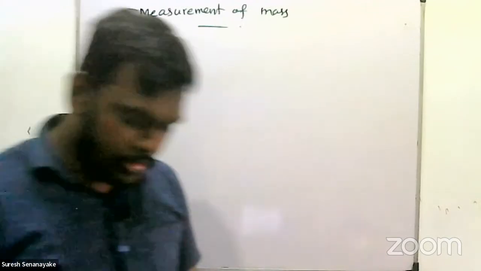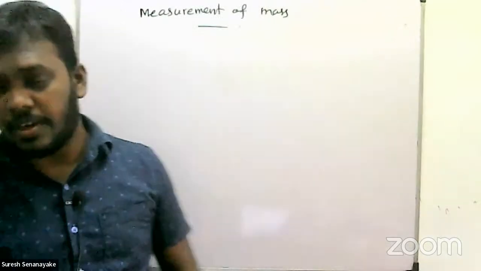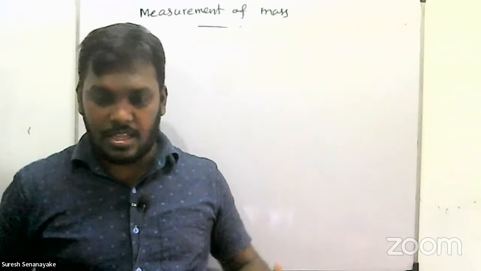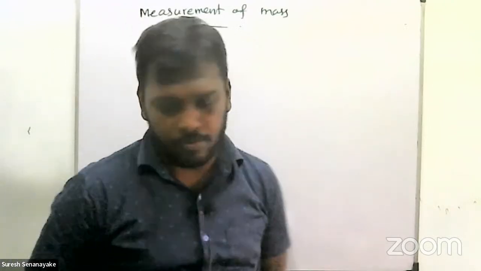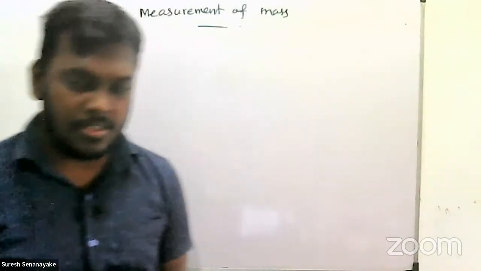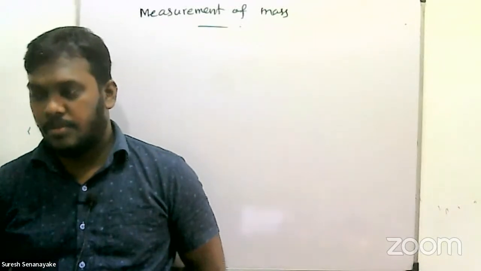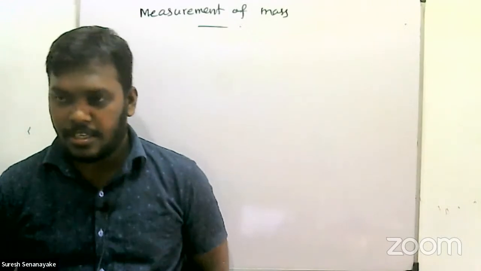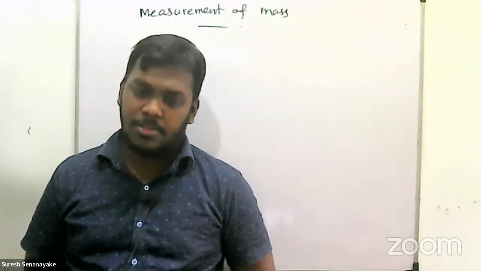The gravitational field is different from place to place on Earth. There are many factors that it depends on, but we will discuss that in Unit 5, the gravitational field lesson. Here, basically, I'm going to discuss how the weight or the mass of a body is measured, by considering the weight due to Earth's gravity.